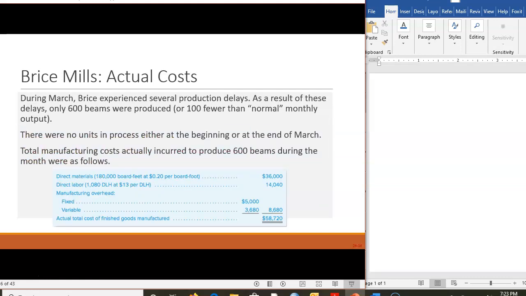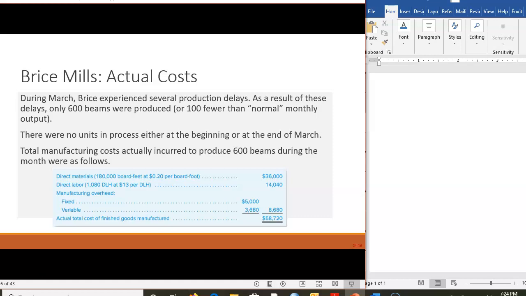So during March, we experienced production delays. We only produced 600 beams, so 100 fewer than our normal or budgeted output. So we have our total manufacturing costs for those 600 beams.